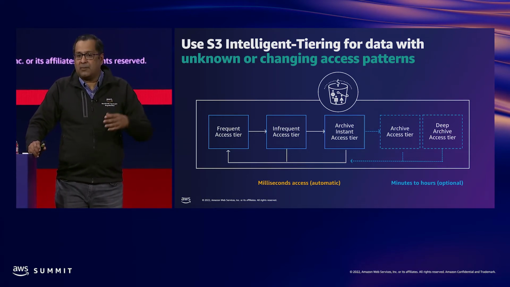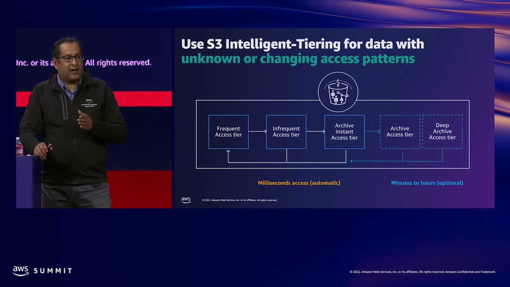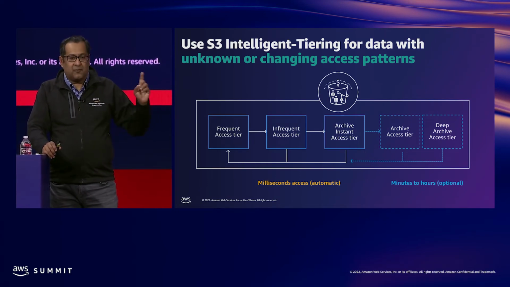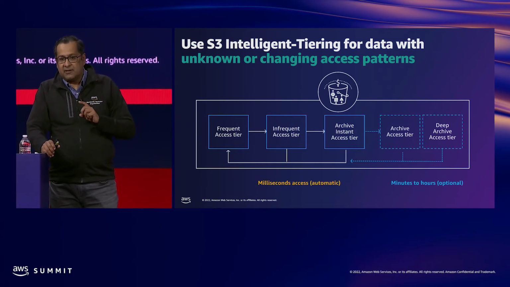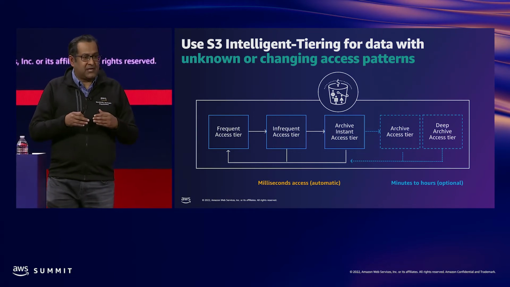It can become hot, it can become cold, doesn't matter. We monitor it, we move it automatically to the right tier based on the access pattern, right? And there is no cost for moving the data between the tiers like there is with the lifecycle rules. So that movement is already included in the cost of the monitoring fee that we have on this. So this is great for those kinds of workloads.